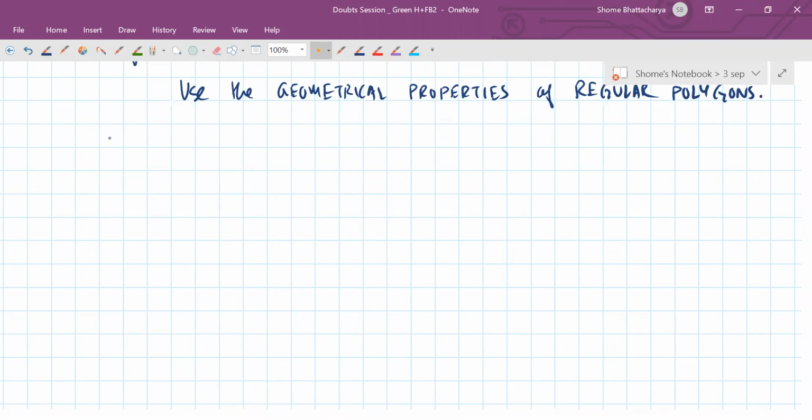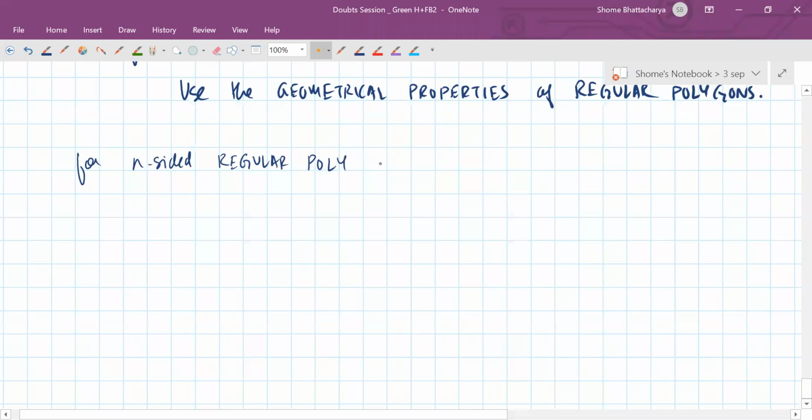So what happens is, for an n-sided regular polygon, let's start with the simplest example, n equal to 3. It will become an equilateral triangle.